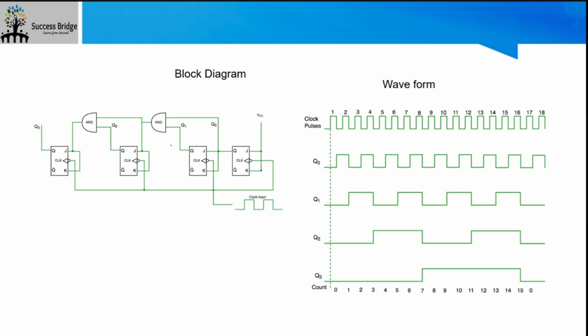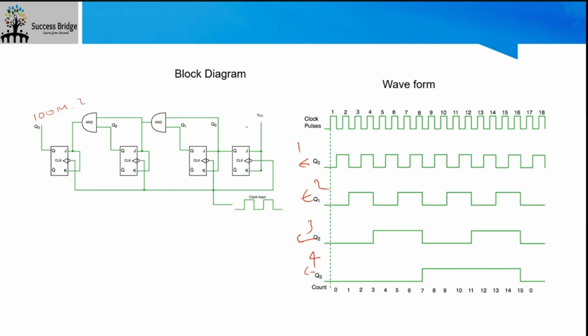So you can take the output of Q0 as one clock, and this is the second clock output, third clock, and fourth clock. This is the slowest clock. So if you take the output of this particular clock, Q3, you will get 100 MHz.